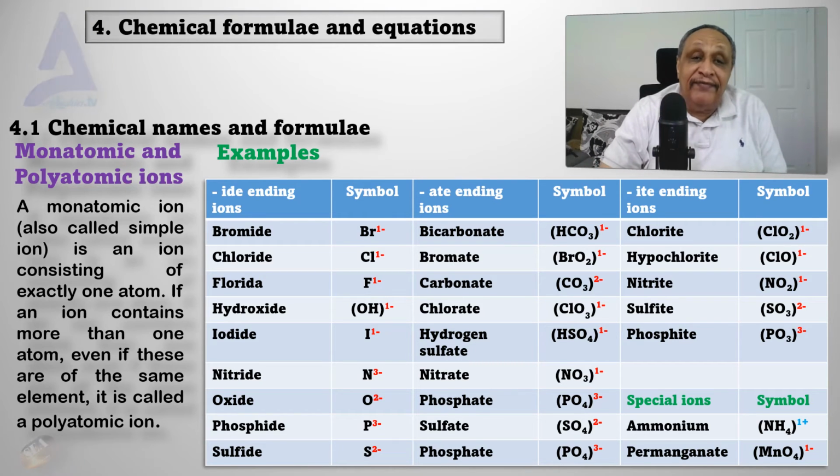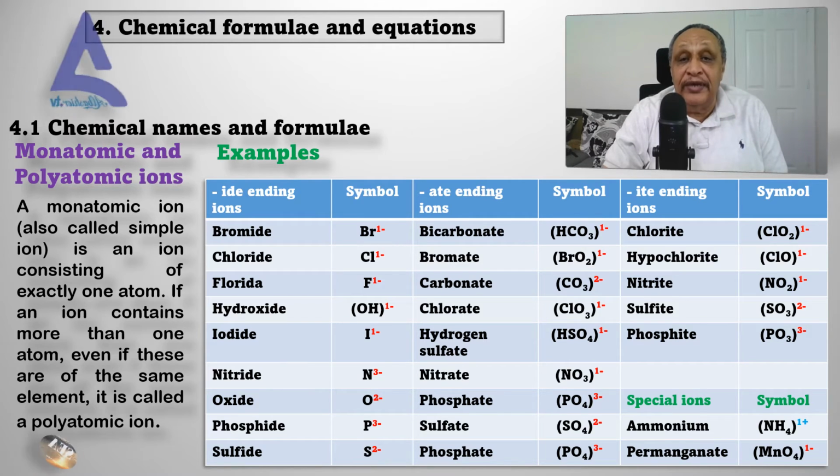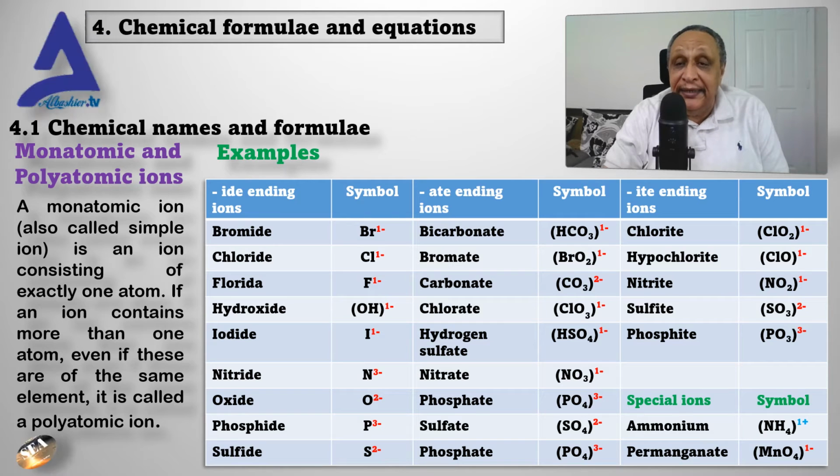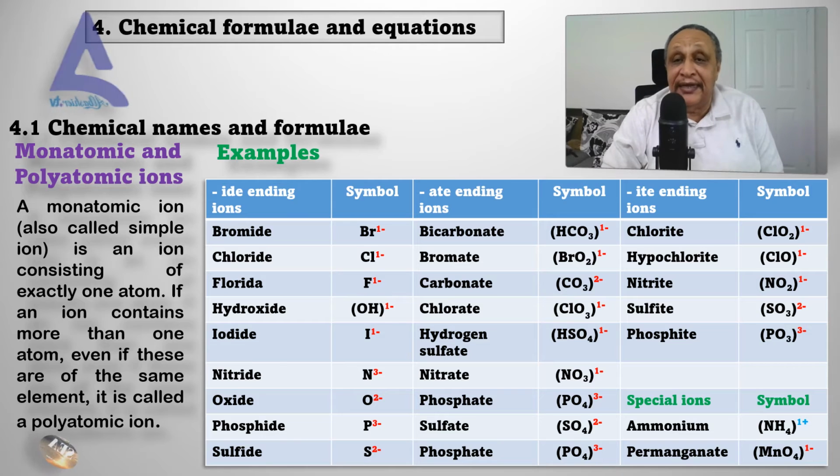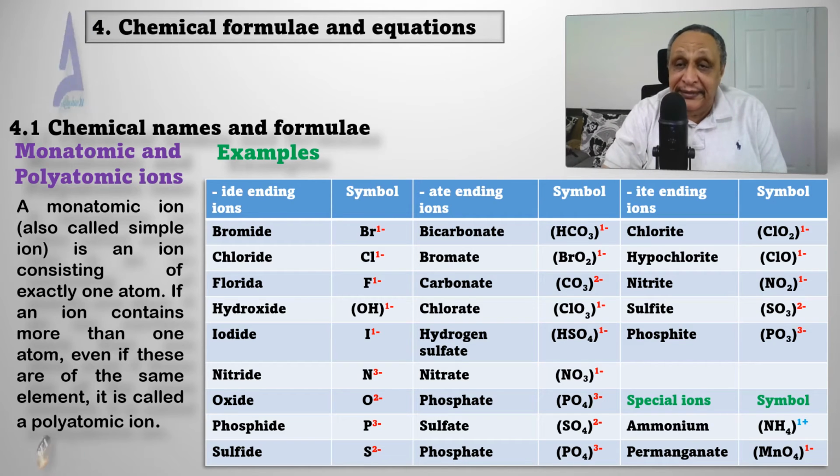Here we have IDE ending ions, and here are the symbols of these ions. Also we have ATE ending ions, meaning ions that end with ATE, and these are their symbols. And here we have also the ITE ending ions, meaning ions that end with ITE, and these are their symbols.